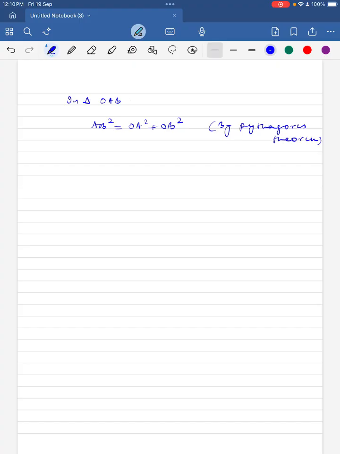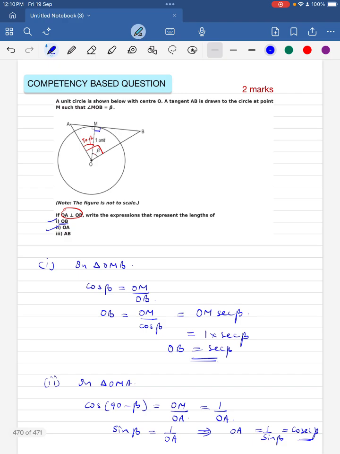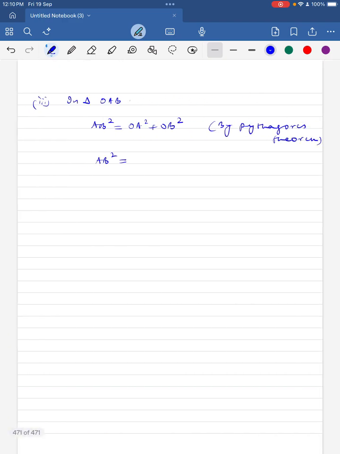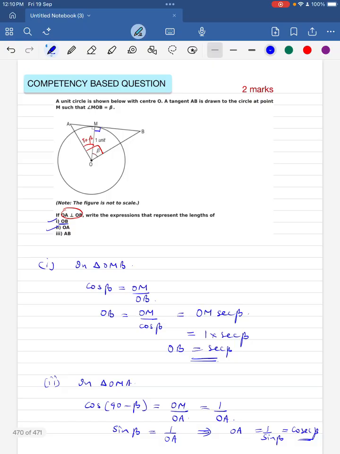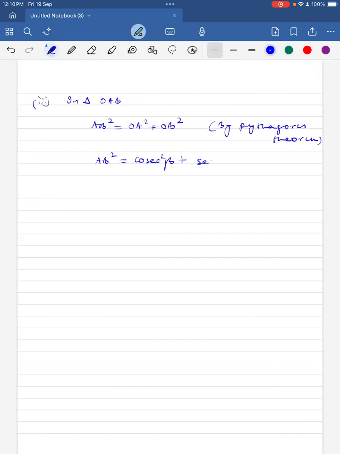Okay, now we already found out the values of OA and OB. So let me substitute those values here. We found out that OA is cosecant beta. So OA squared will be cosecant squared beta plus OB squared will be equal to secant squared beta.